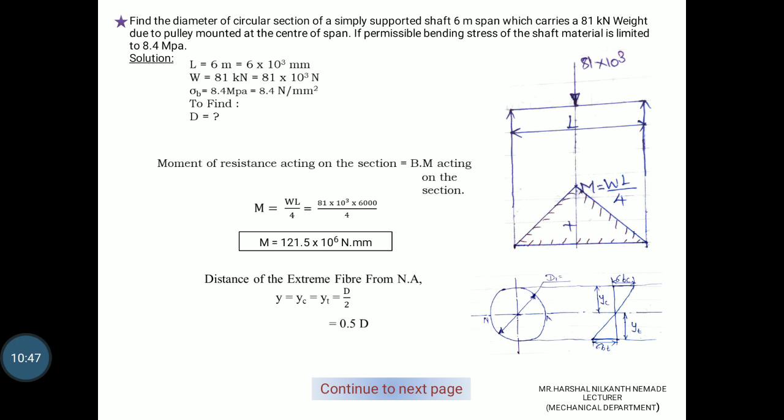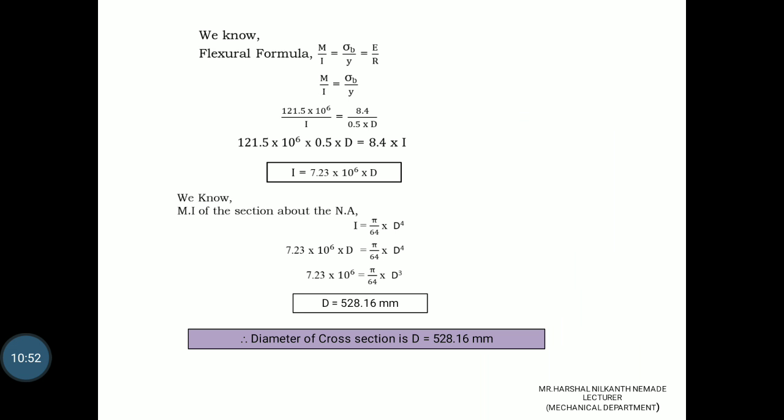So 0.5 multiplied by D. We know the flexure formula, M upon I is equal to sigma b upon Y is equal to capital E by R. So M upon I is equal to sigma b by Y. Substitute the values, I will get the missing value of I in terms of D. Okay, that is I is equal to 7.23 multiplied by 10 raised to 6 multiplied by D.